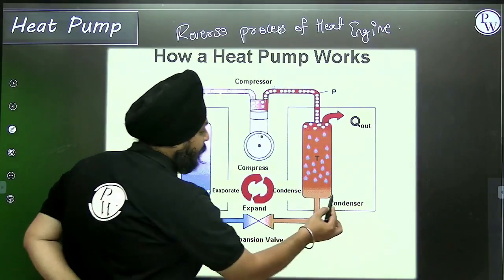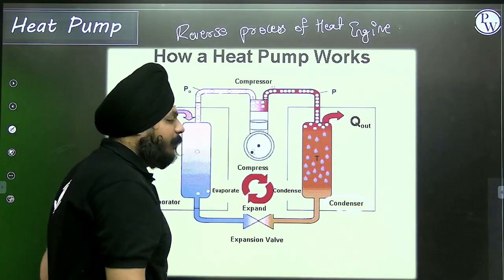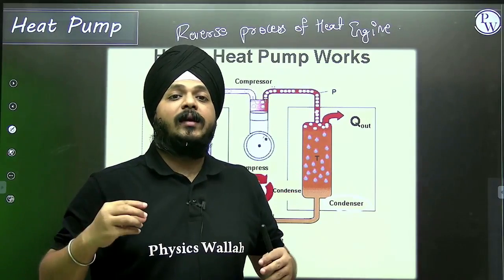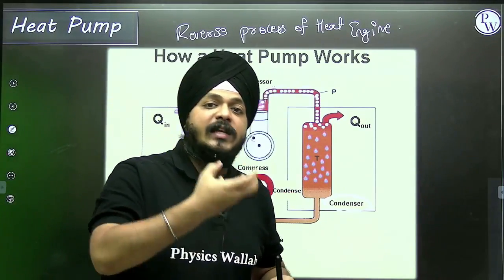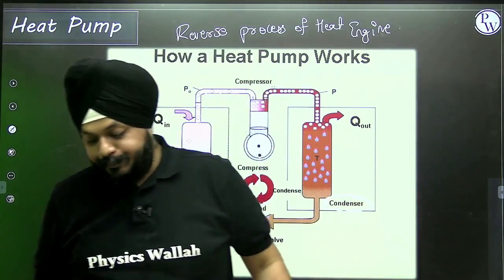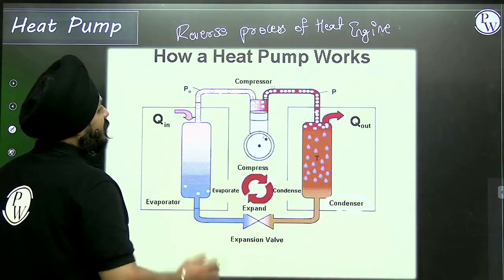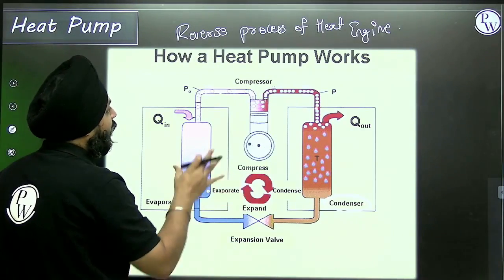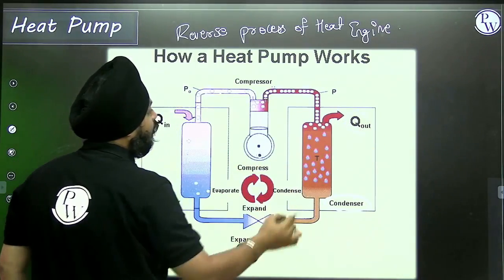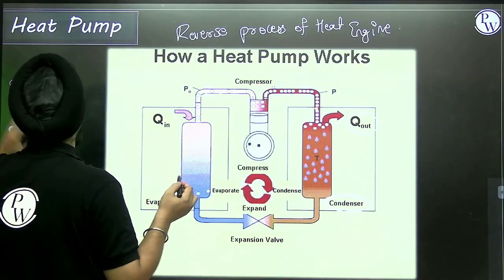Here, what is the main purpose of this condenser? The main purpose of the condenser is to pump out the heat so that the area from which heat is pumped out remains cold. This is one of the examples. The condenser is pumping out the heat, and we need to add some useful work to maintain the temperature.